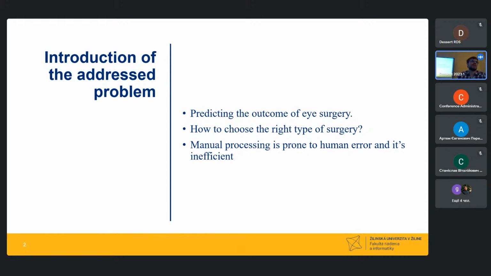Every surgery comes with a certain level of uncertainty, and also how to choose the right type of surgery for the right patients.